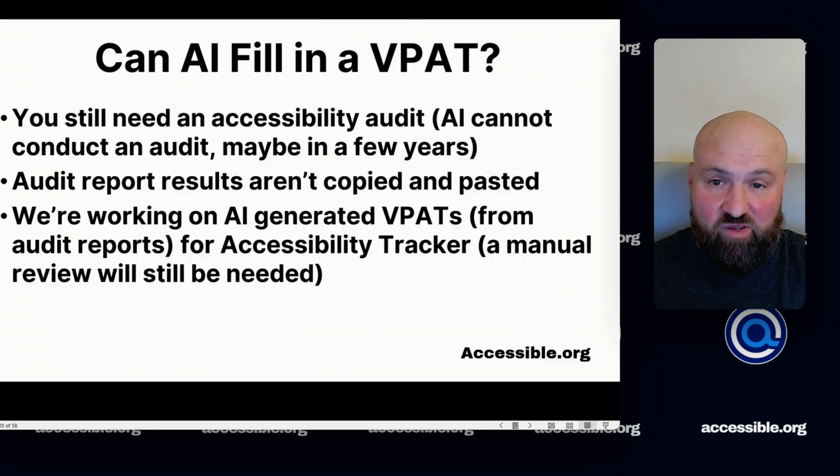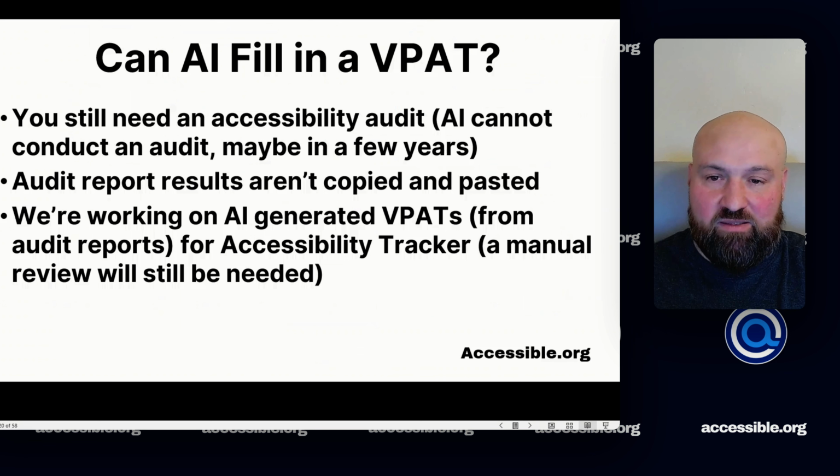And one of the features that we're working on adding is the ability to generate VPATs using AI and using your accessibility audit report. But before we continue, a manual review is still going to be needed even when this feature is available inside of Accessibility Tracker. So this is coming. It's probably going to be about 2 to 4 months from now.